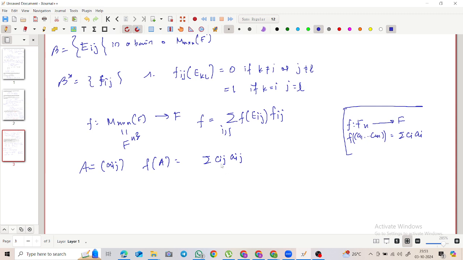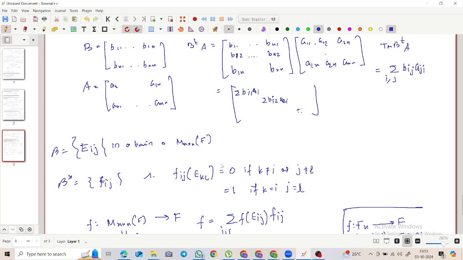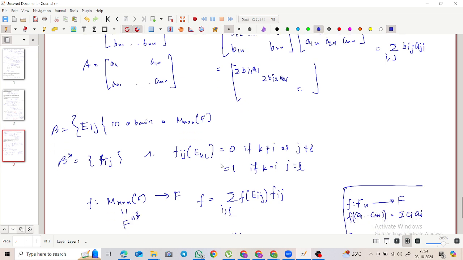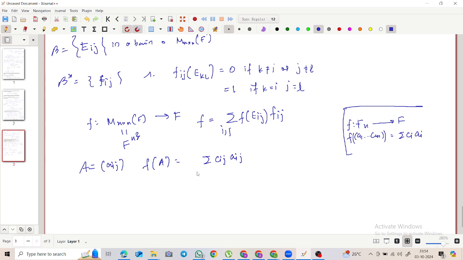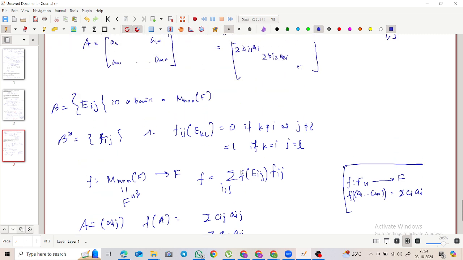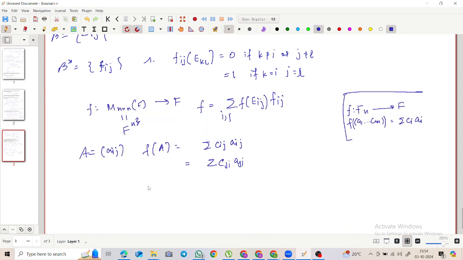Hmm. So now you see what did we see? Like it was b_ij a_ji, right? That form. So how about we do this, this is nothing but summation c_ji a_ji, right? For some c_ij in F, right?